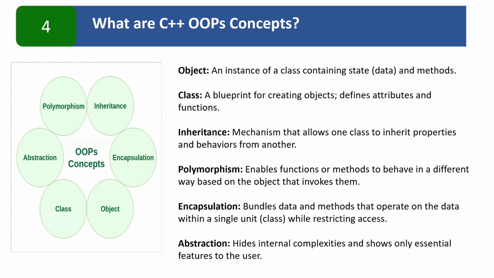Polymorphism: enables functions or methods to behave in different ways based on the object that invokes them. Encapsulation: bundles data and methods that operate on the data within a single unit while restricting access. Abstraction: hides internal complexity and shows only essential features to the user.